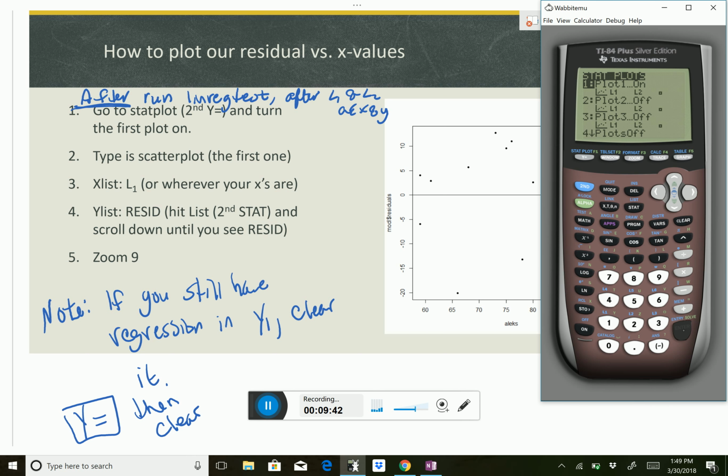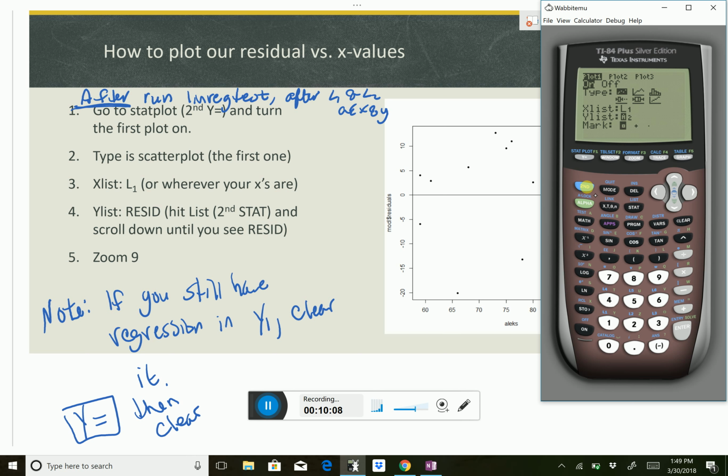So go second, Y equals. I'm going to go back to my stat plot. Okay, I'm going to do a scatter plot. So the first type is the same. Then the X list should still say L1. Now my Y list needs to be my residuals. So hit list.